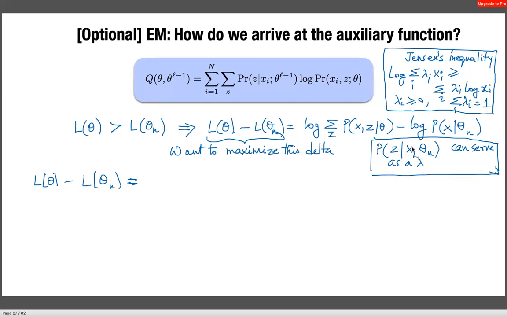Okay, so now how do I use this to expand this first term, which is the summation over z? So here I'm going to write this out. Let me use Bayes' rule.